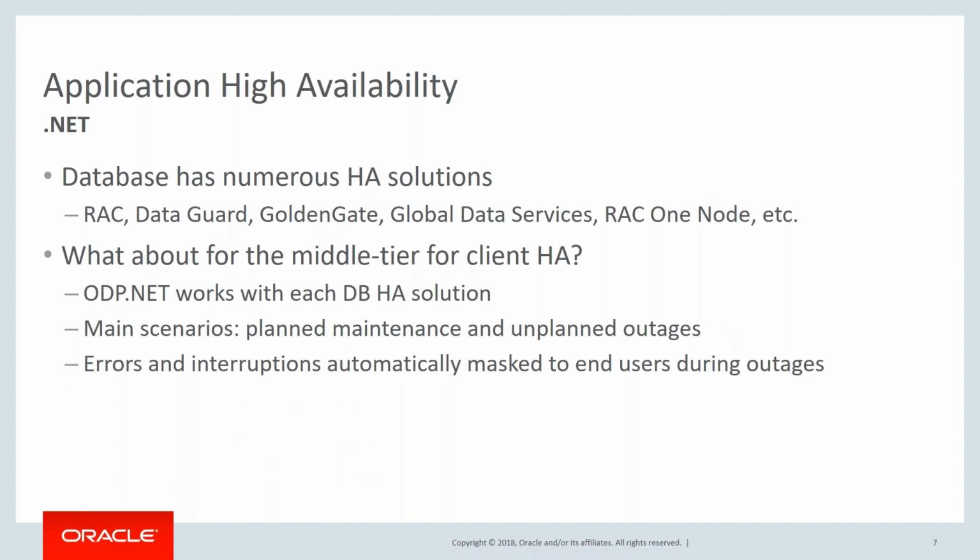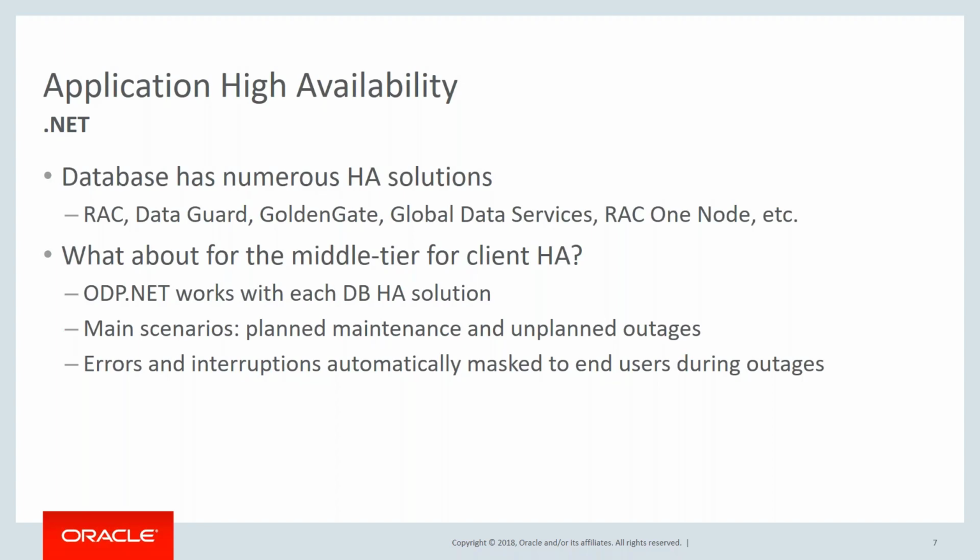So the key technologies you do need to use for these HA solutions at the database server level are things like RAC, Data Guard, GoldenGate, Global Data Services, and RAC One Node. RAC, or Real Application Clusters, if you're not familiar, provides a clustering solution for an active type of database.